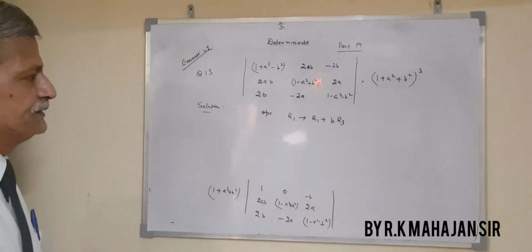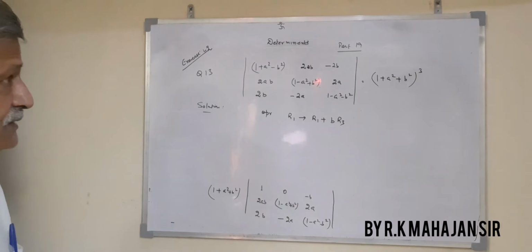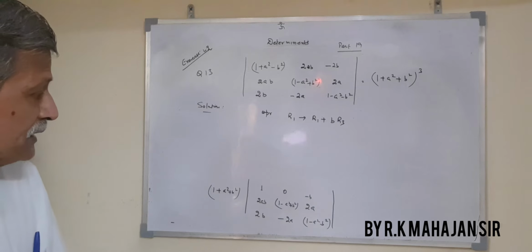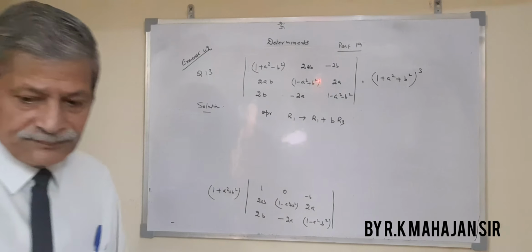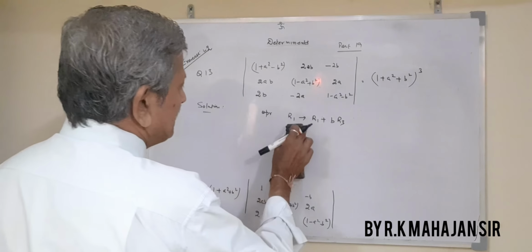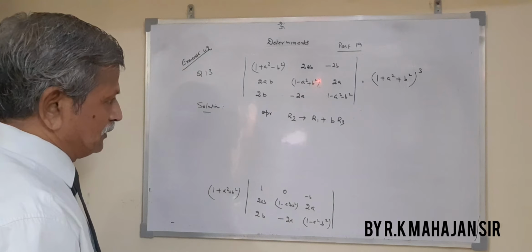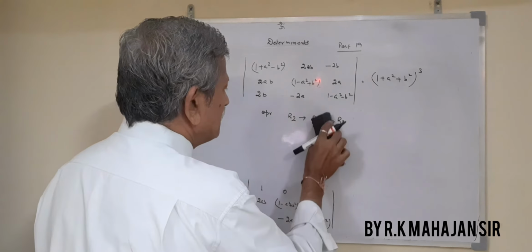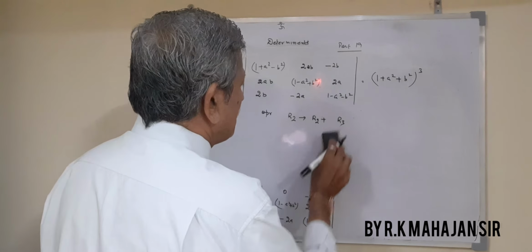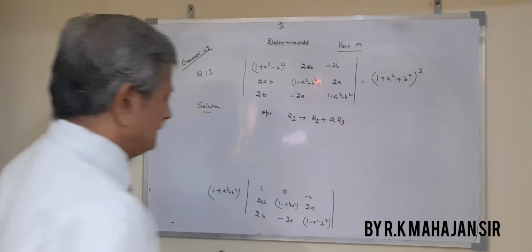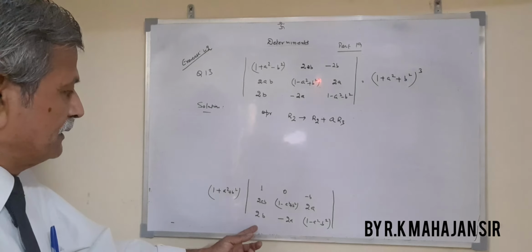Again I'll operate. Next one is the operation for the R2 row: R2 plus a times of R3.